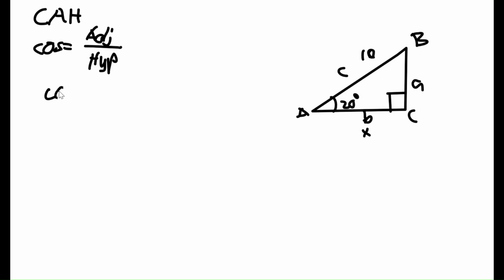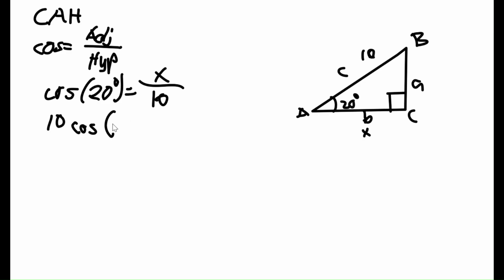Now, cos 20, since it's 20 degrees, is equal to the adjacent, which is x, over the hypotenuse, 10. So, cross multiply, this will become 10 cos 20 degrees. So x is equal to 9.40, since we have to round off.